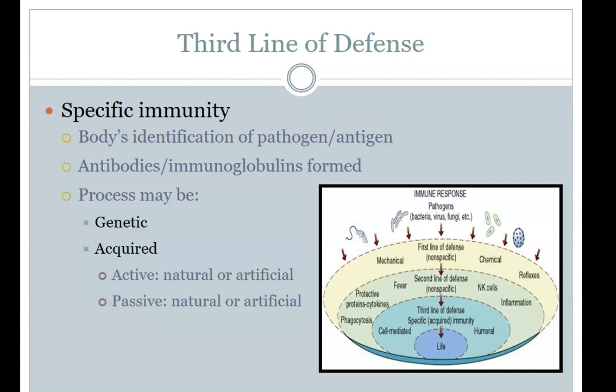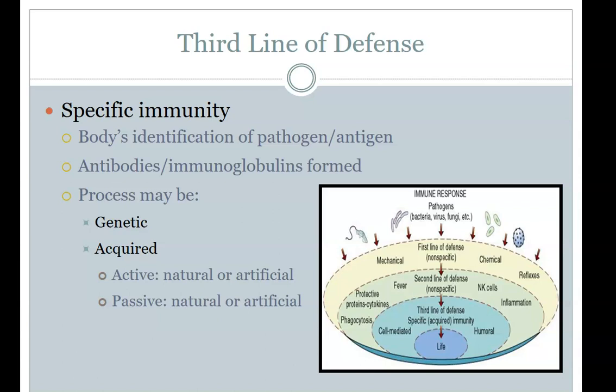Acquired forms of immunity are either active or passive. Active acquired natural immunity is the development of memory cells to protect an individual from a second exposure. Because individuals were exposed to chickenpox and came down with it, they are then immune to another round.